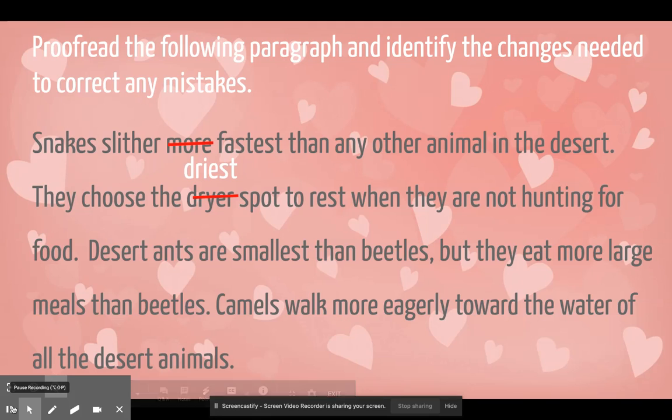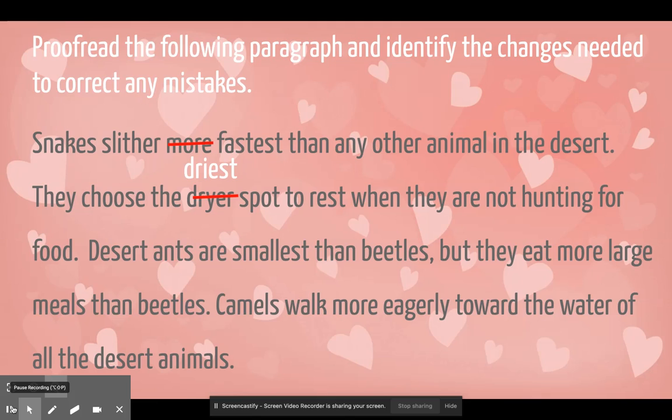The adverb dry describes the spot that they are resting. So this is comparing all of the other resting places. So this is going to be where we have to drop the Y and add IEST. All right, let's look at sentence 3.